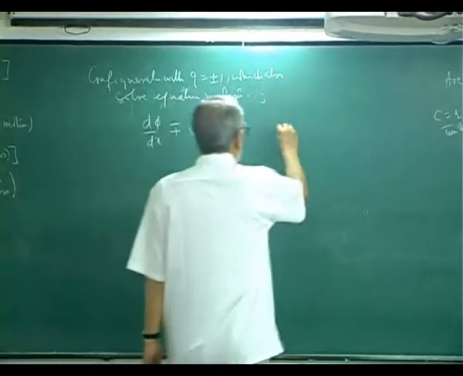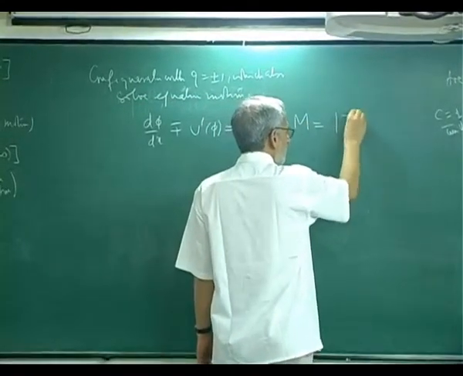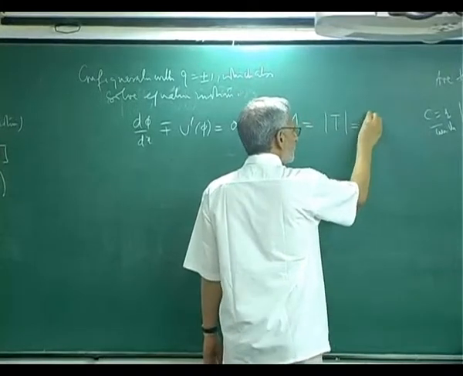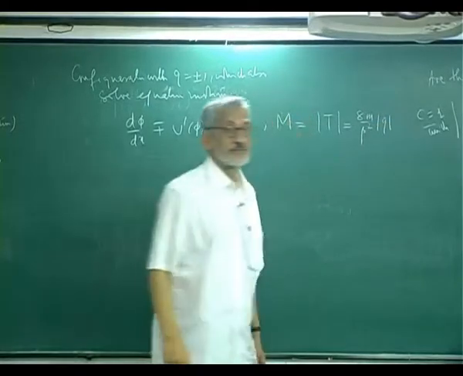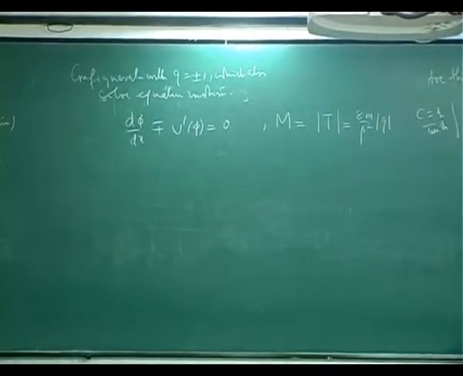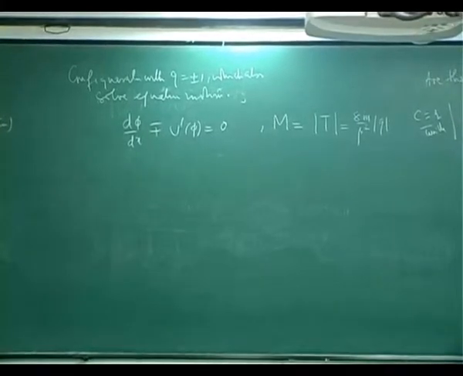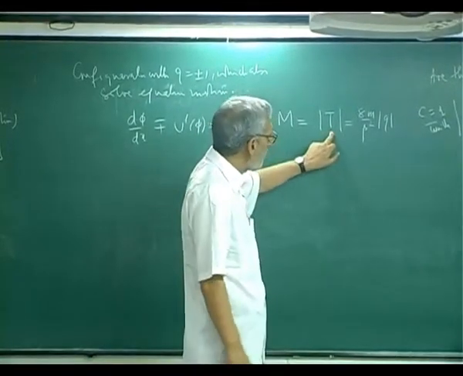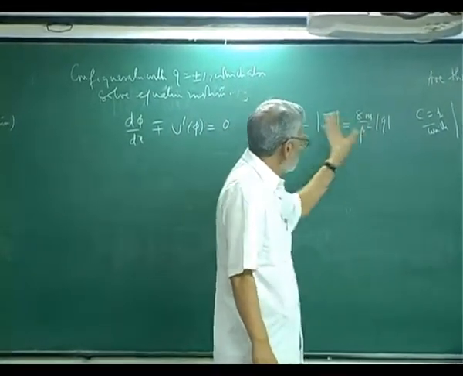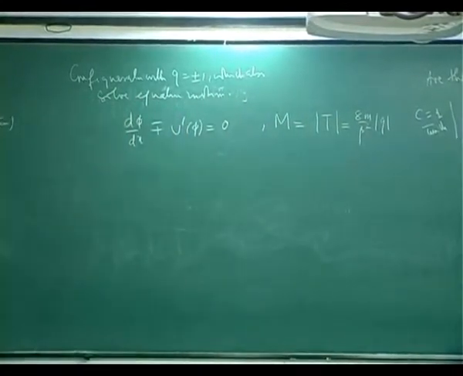And for these configurations, the corresponding mass is: for configuration with the minus sign, it is plus t. For plus sign, it is minus t, but the t for the second configuration is negative, so minus t is positive.